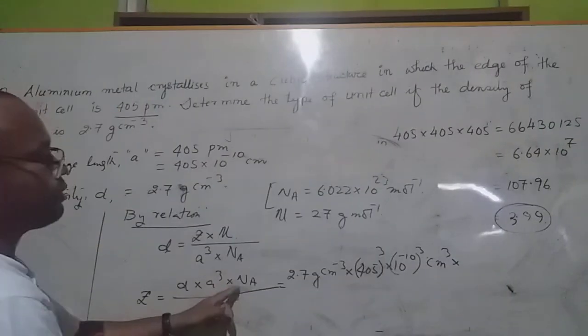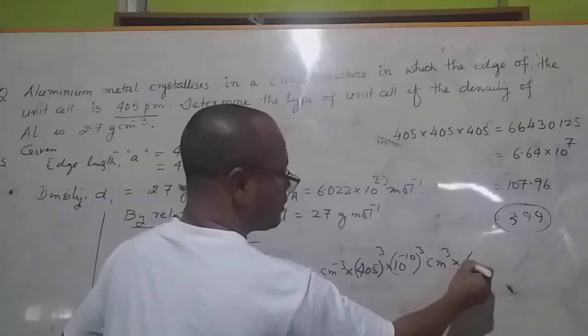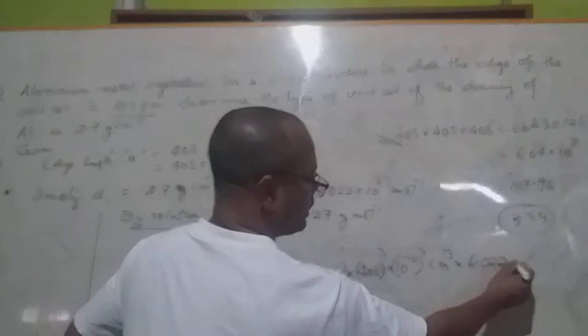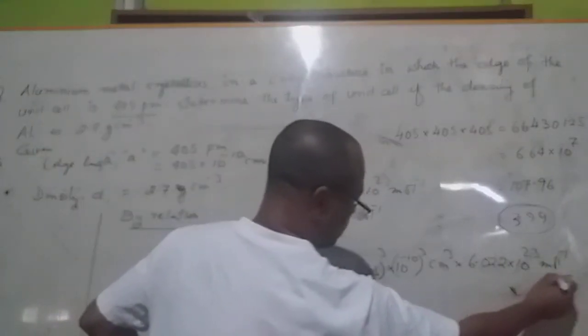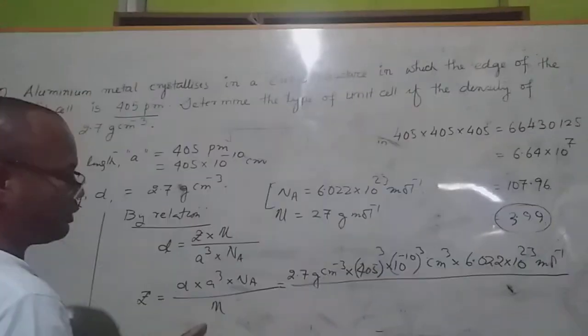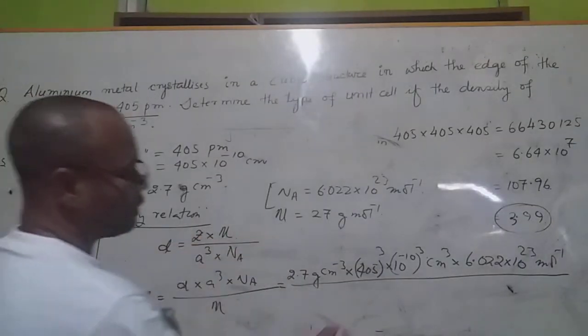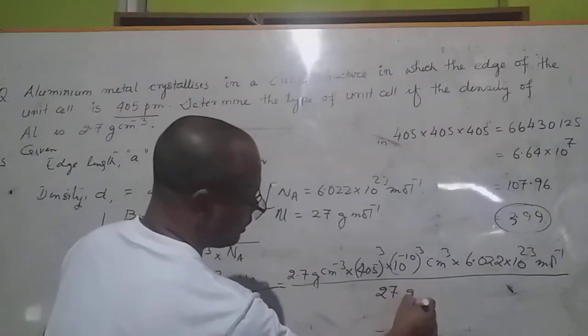And one more is Avogadro's number, 6.022 into 10 to the power 23 per mole, and divided by the molar mass of aluminum, that is 27 grams per mole.